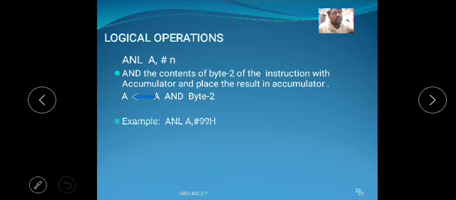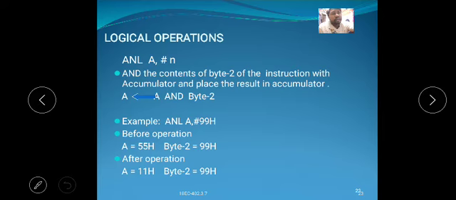ANL A comma #N. AND the content of byte 2 of the instruction with the accumulator and place the result in the accumulator. A tends to A AND byte 2.